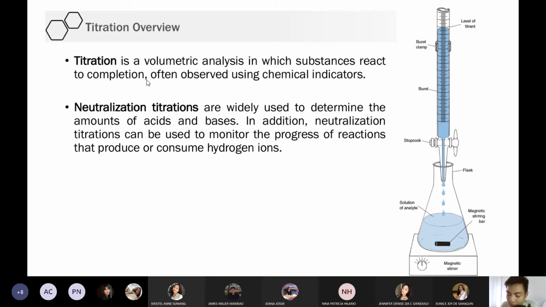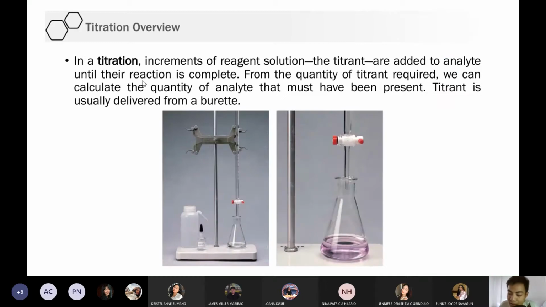Okay, so yan. So in titration, ito yung ginagawa, increments of reagent solution or the titrant are added. Ibig sabihin nun, yung liquids na titrant, yun yung nilalagay sa Erlenmeyer flask that contains the analyte. Okay?